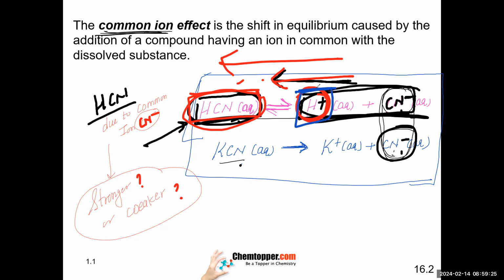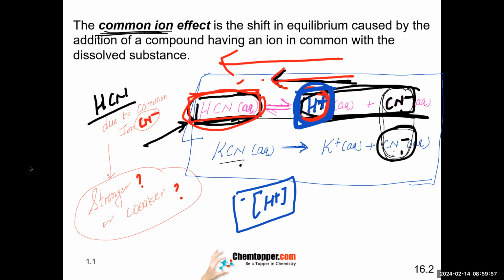It's decreasing. If the amount of H plus is decreasing, it's becoming weaker, isn't it? Because the concentration of H plus tells you whether this acid is strong or weak. If you are getting a high amount of H plus, strong acid. If you are getting less H plus, weak acid. Right?